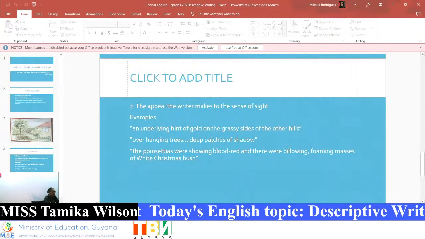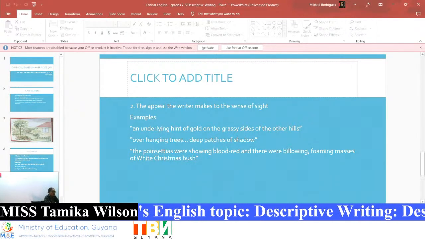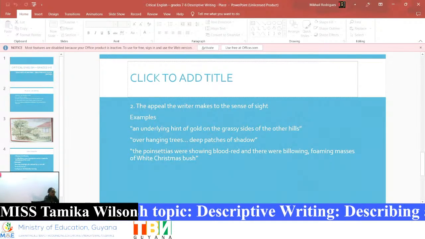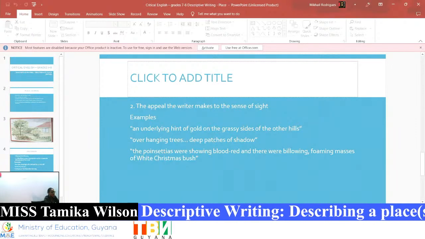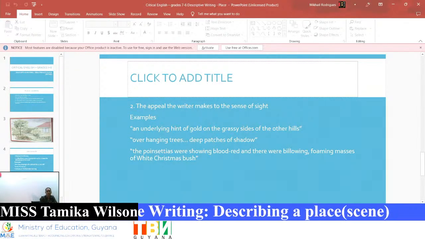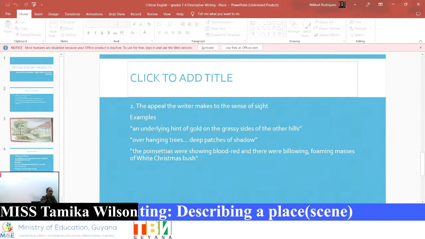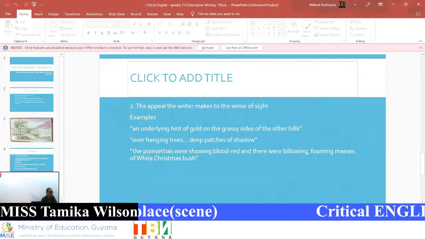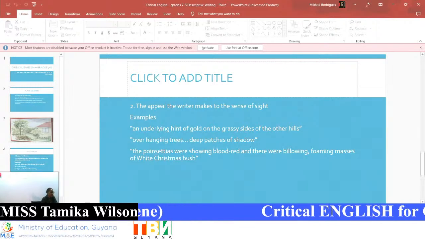So, an underlying hint of gold on the grassy side of the other hills. We talk about underlying hint of gold, grassy. We know that it seems to be what? Green, something that is green. We have a lot of grass, or it can be hint of gold in the sense that the grass could also be brown. And then you have overhanging trees.